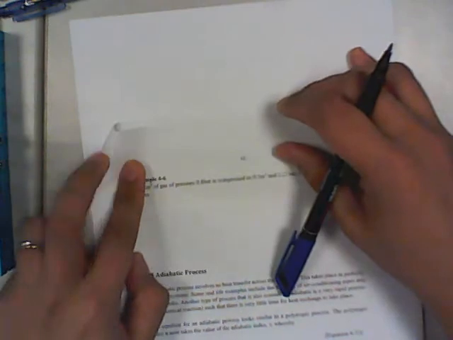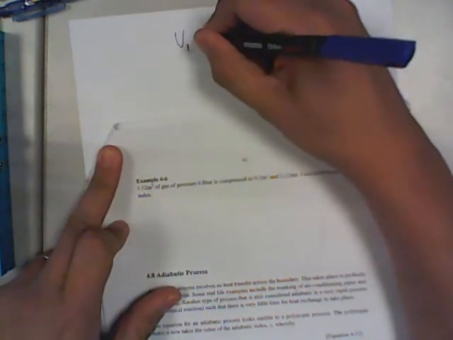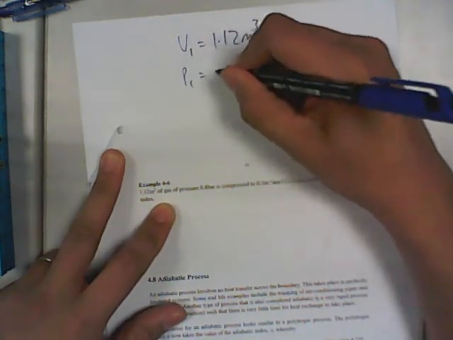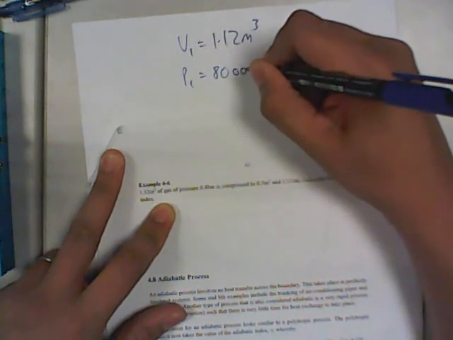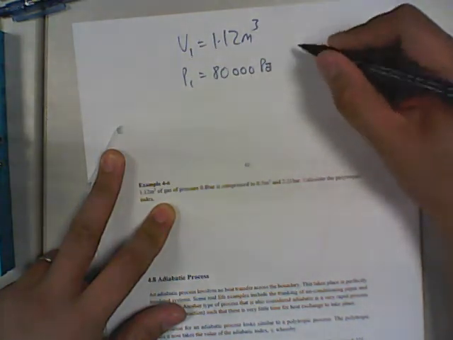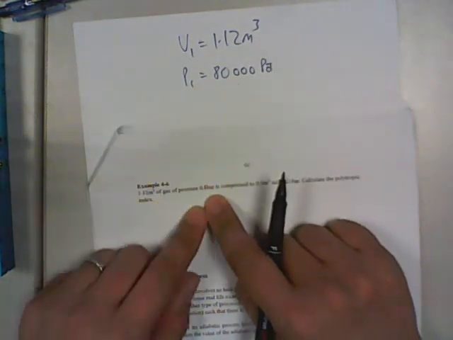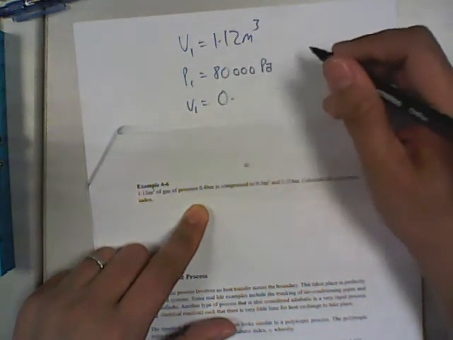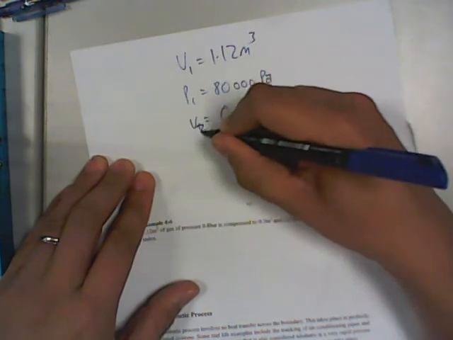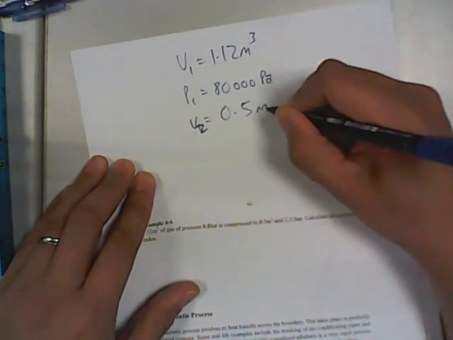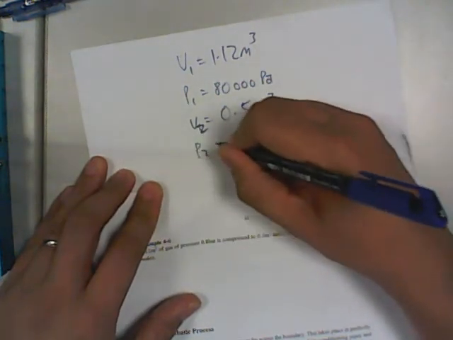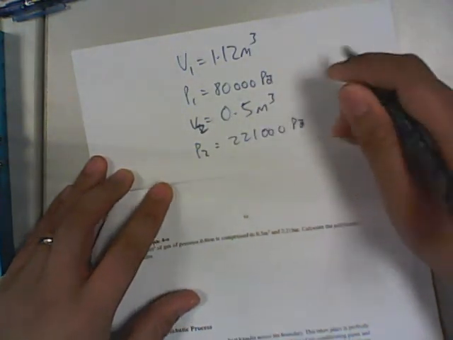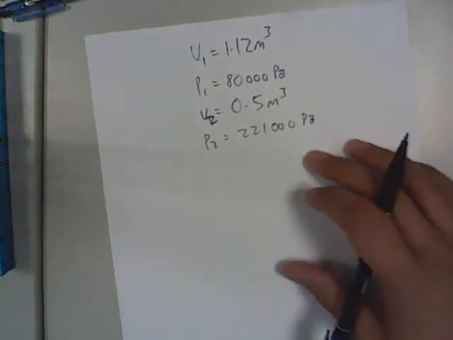So what you have is V1 is 1.12 meter cube. P1 is 80 pascals, which is 0.8 bar given here. And V2 I have 0.5 meter cube, and P2 is 221000 pascals. So this question is to find n.